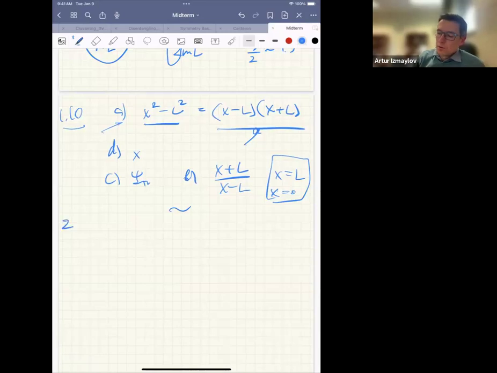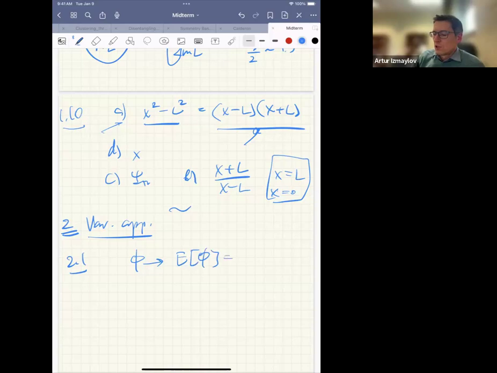So problem 2, which is a variational approach. The first one was: describe how you can find an approximation to the ground state. Just formulate in words, what would you do? Essentially, what needs to be done here is to take the function and put it in the energy functional, which is T plus V divided by the normalization.